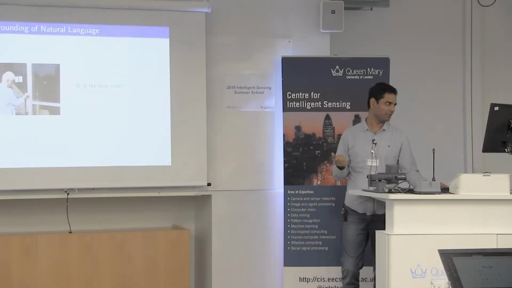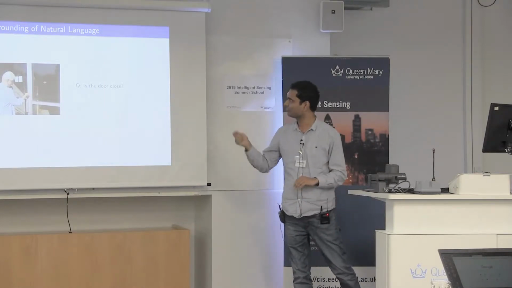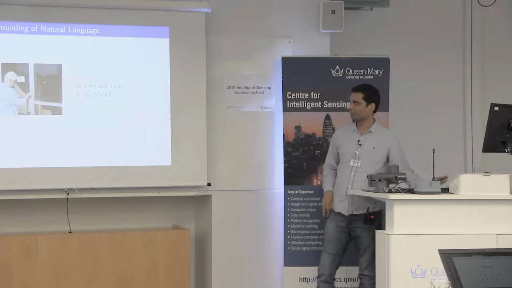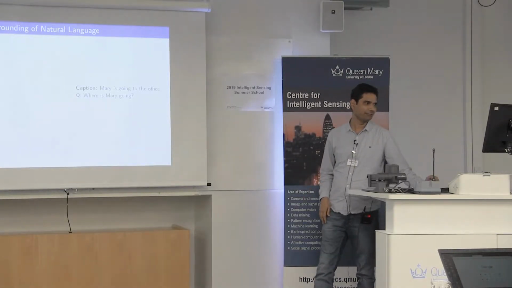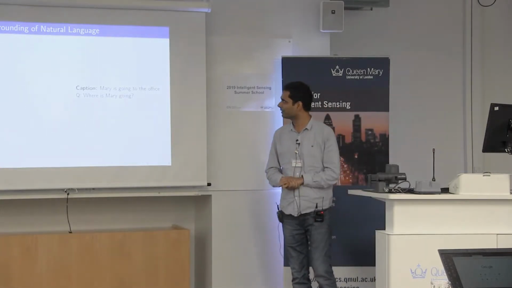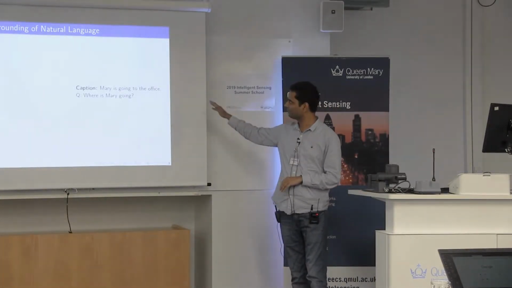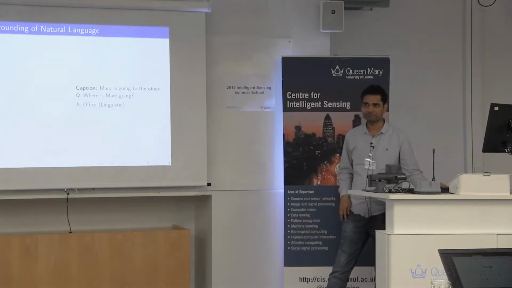So for example, if I give you this image and ask, is the door closed? One can simply answer yes, using only the visual information. If I give you a description that Mary is going to the office, and ask where Mary is going, you just need the textual information to answer that she's going to the office.